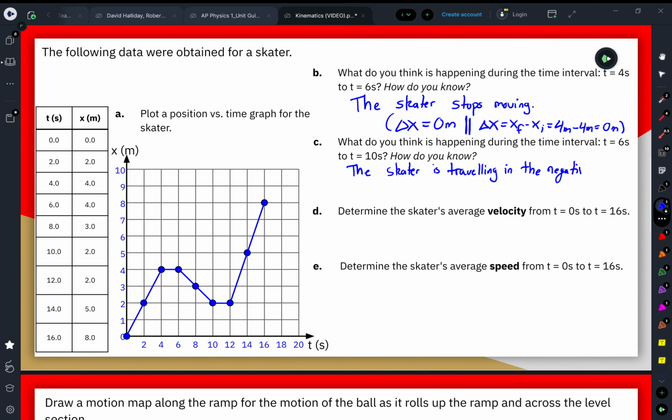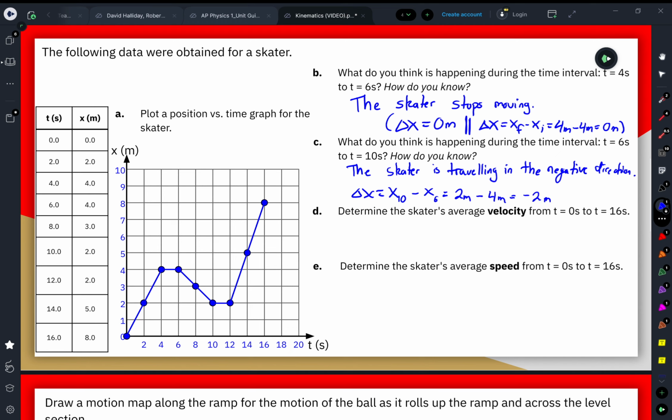The way that we can mathematically prove that, for how do you know, is once again just using that calculation of displacement, which is our final position minus our initial. Now, it's our position at 10 seconds minus our position at 6 seconds. At 10 seconds, the position is 2 meters. At 6 seconds, the position is 4 meters. That means that in this time interval, the position decreases by 2 meters.